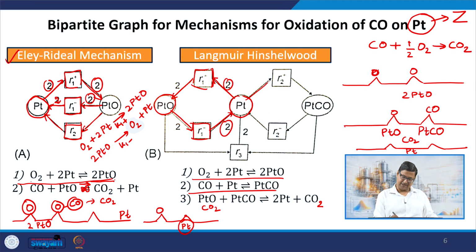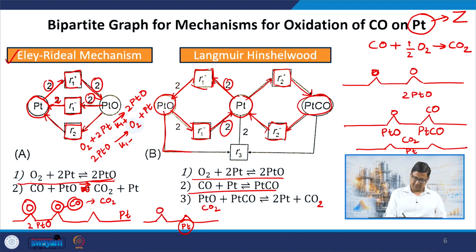So the forward reaction gives me PT going to PTCO. The reverse reaction, the PTCO going to PT, and only one molecule is involved. And finally, PTO and PTCO combine in the third reaction. Again, we can assume it to be irreversible, and then they form basically 2 PT, and of course CO2 that is going out, right?